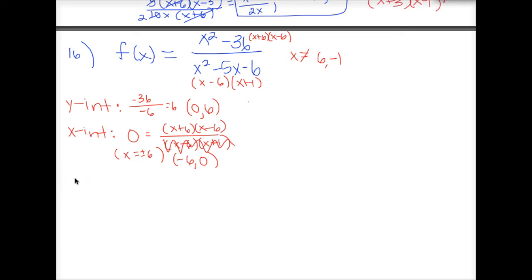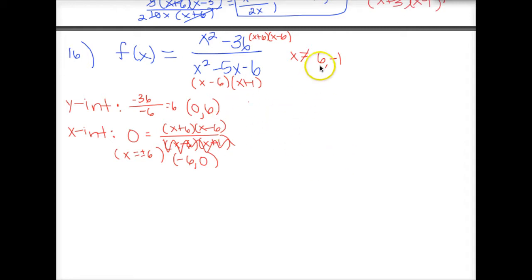Remember that when we are looking for vertical asymptotes, that's different than when we are looking for horizontal asymptotes. To look for the vertical asymptotes, if you need to look back at the section, this is 29.3, vertical asymptotes are values that make the simplified denominator equal to 0.